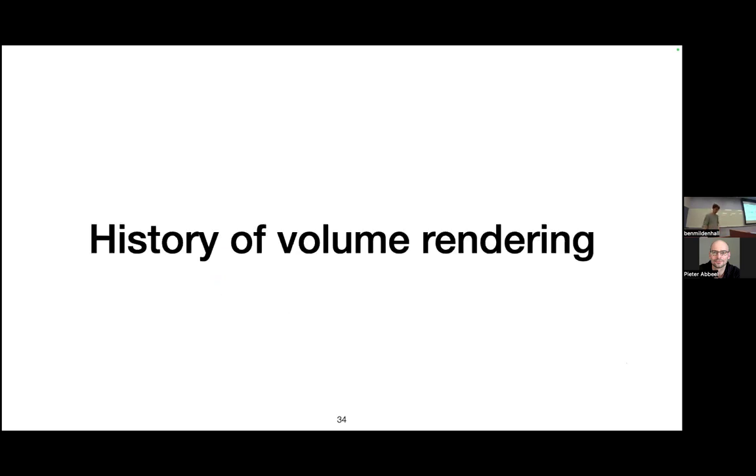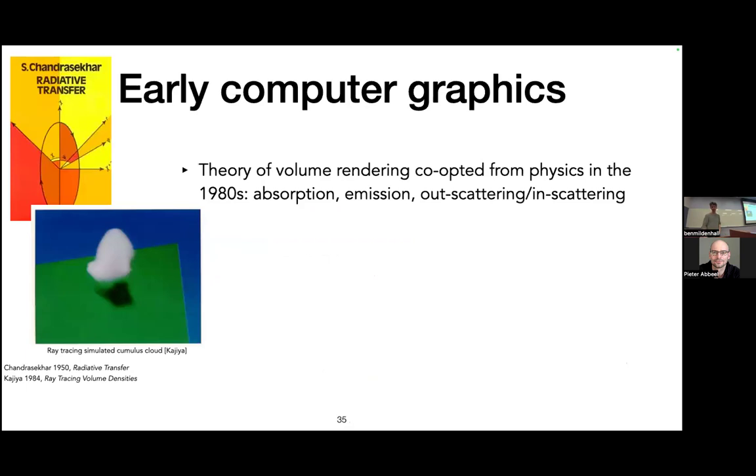Okay, so where does this whole concept come from? It was actually borrowed from very standard radiative transfer physics. There's a story of Pat Hanrahan having this on his bedside table when he was working on volume rendering in the 90s.